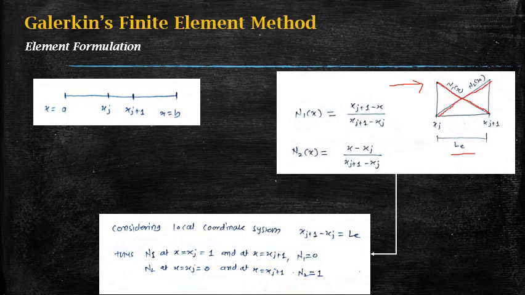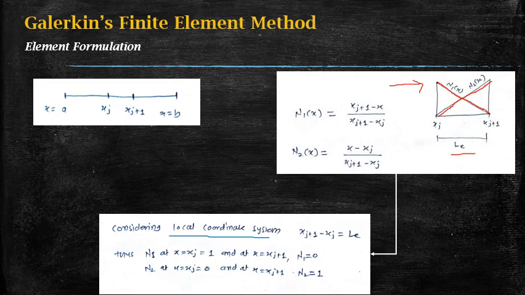So if you look at the way I have shown the interpolation functions capital N1 and N2, these are nothing but the overlapping portion of the interpolation functions that we have seen earlier for this interval xj to xj plus 1. Now you are all aware of what a global coordinate system is, what a local coordinate system is, and what a natural coordinate system is. If we use the local coordinate system, in that case, this xj plus 1 minus xj becomes le.